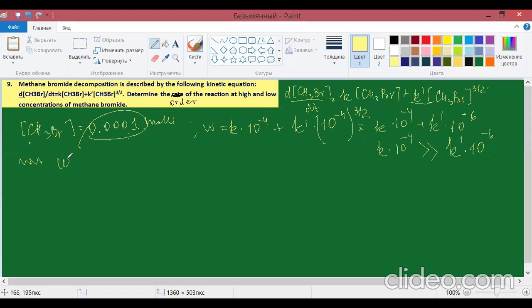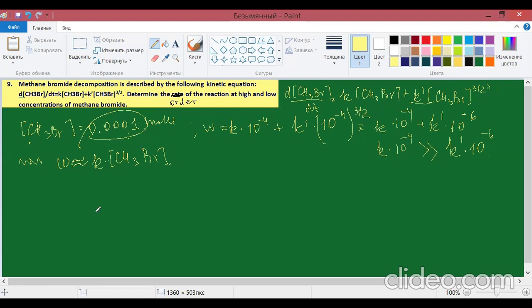And in this case, the rate of this reaction can be written like K times the concentration of CH3Br. That's all. Because the value of this term is much less than this one when the concentration of CH3Br is pretty low.